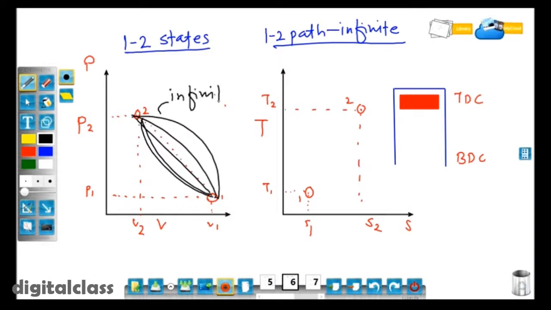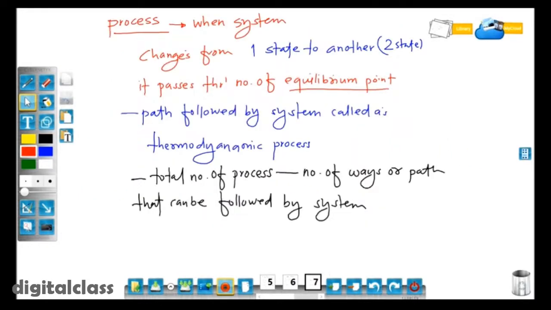The paths are shown in the figure. There are infinite paths, means infinite processes.